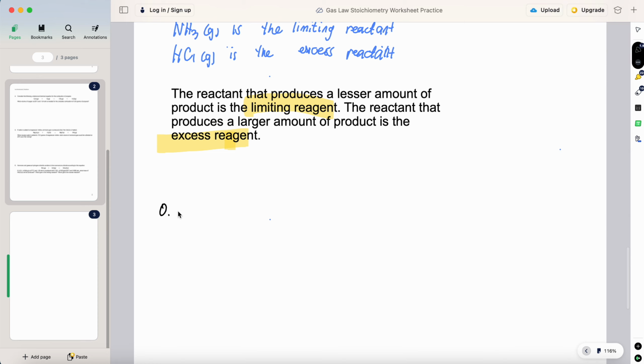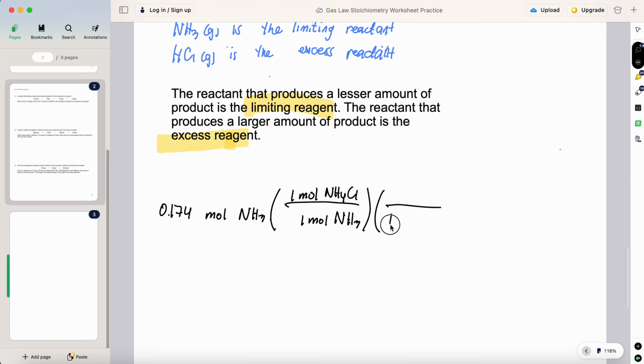We have 0.174 mole of NH3. We have 1 mole of NH4Cl and 1 mole of NH3. This is not the molar mass, but the stoichiometric ratio. And then we have 1 mole of NH4Cl. How many grams of NH4Cl do we have?